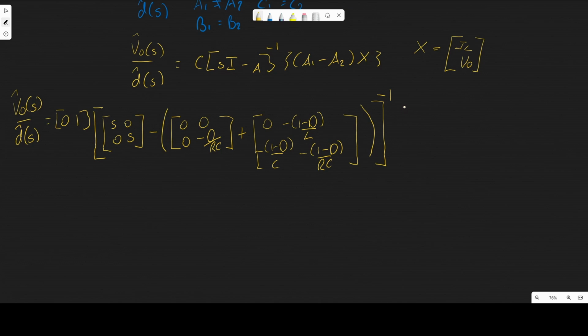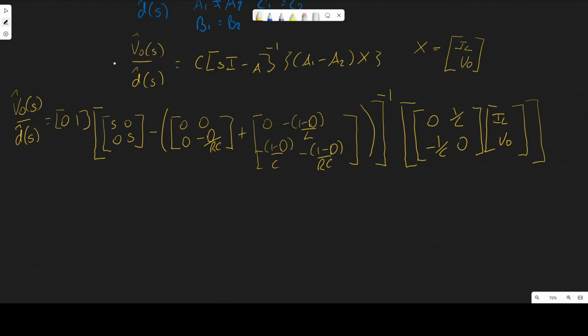So in that case we would have A1 minus A2, which is equal to 0, 1 over L, minus 1 over C, 0, and the steady states IL and V out. Now if we add this entire matrix over here, we are left with the following.